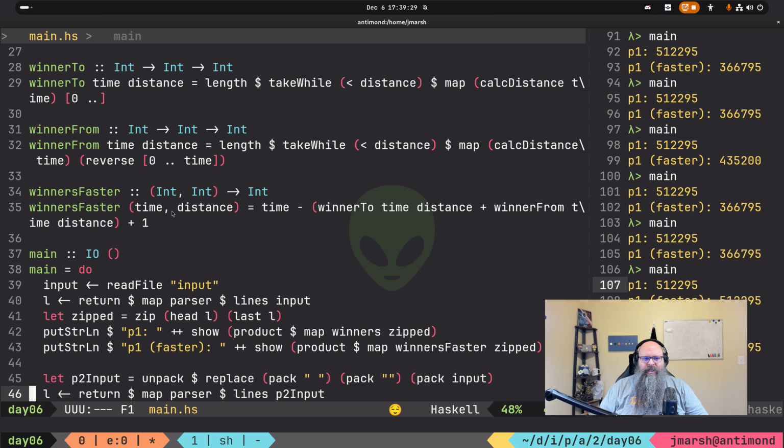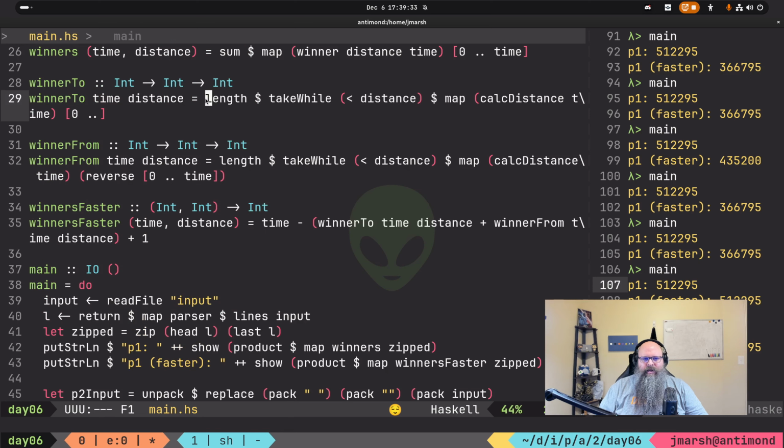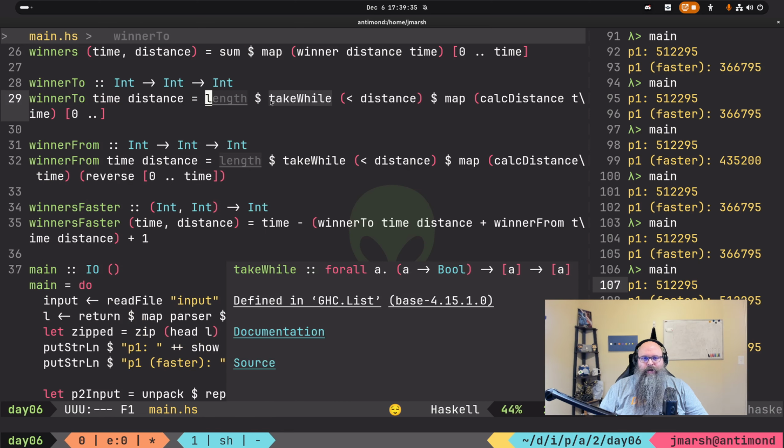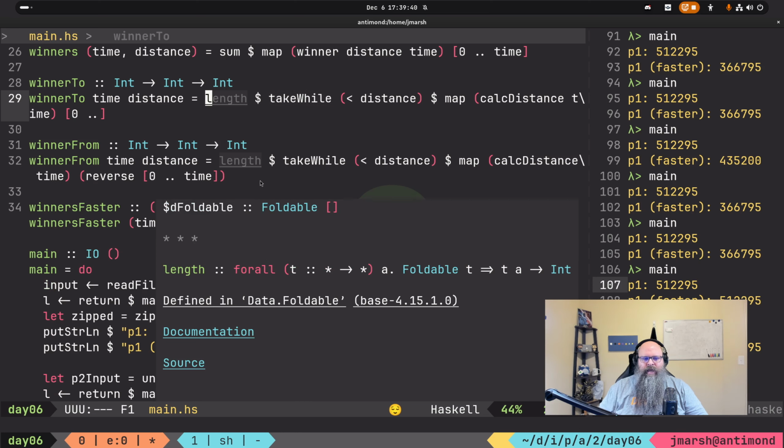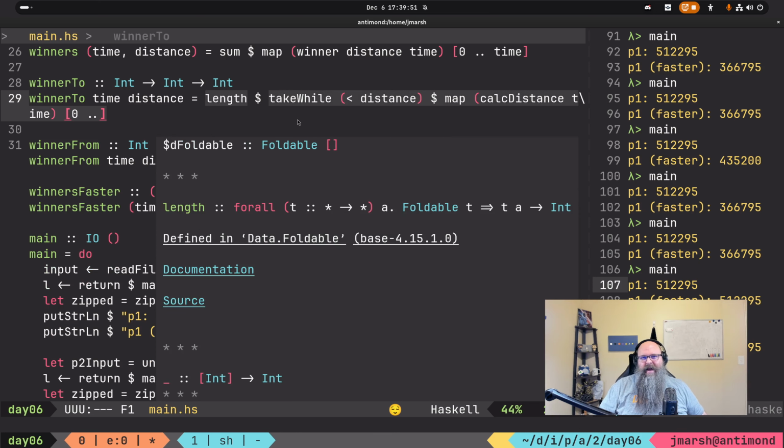My inclination is it has to do with the length thing. This takeWhile is going to produce an actual list, and in the part 2 phase, that list is quite big, right? So it actually has to calculate all that list and then do the length. So there might be a faster way to do that.